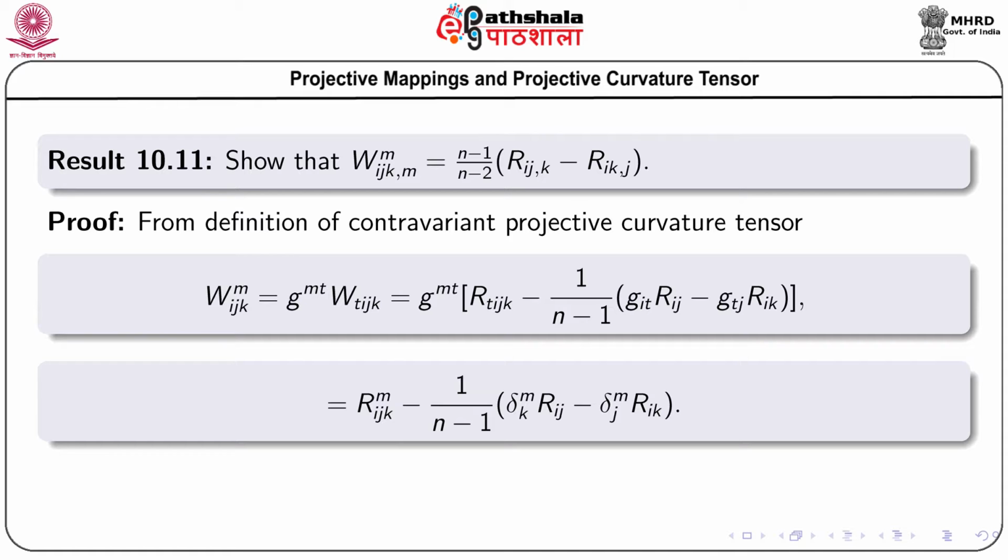And with the inner product of g^{mt}, the above expression becomes R^m_{ijk} minus 1 by n minus 1 [δ^m_k R_{ij} minus δ^m_j R_{ik}].